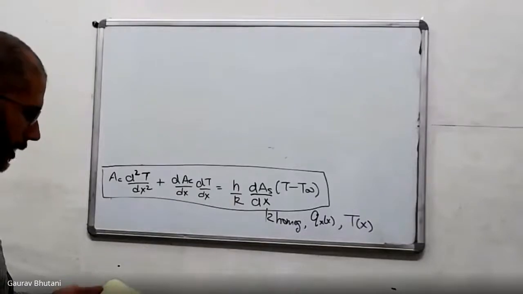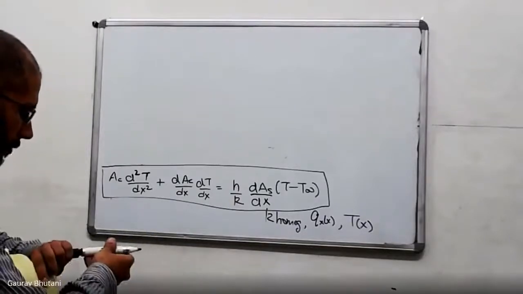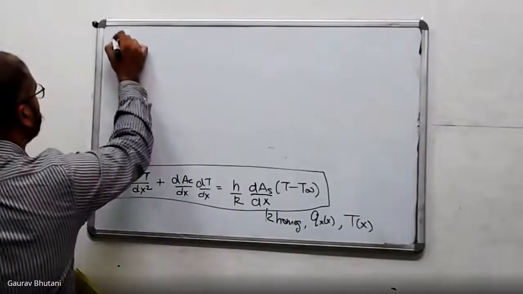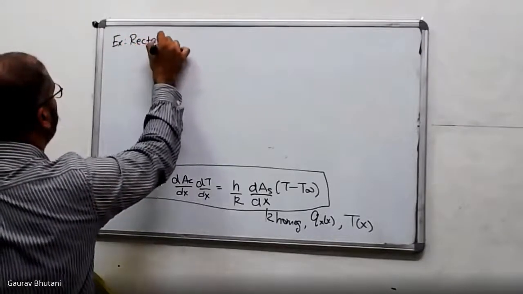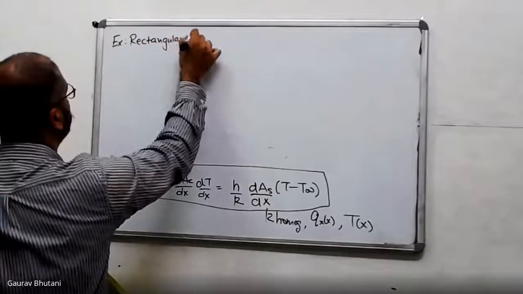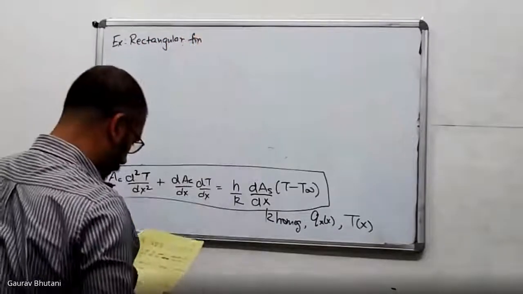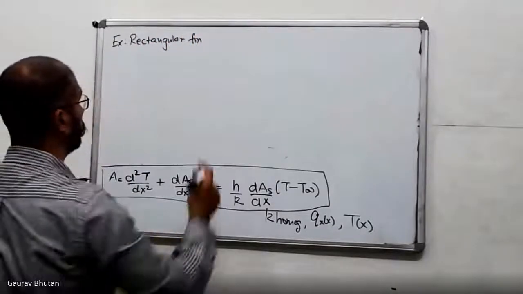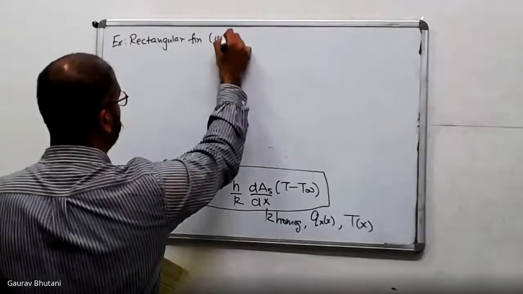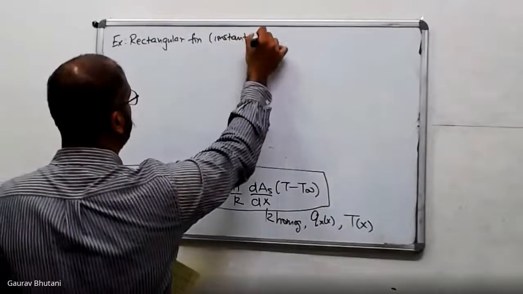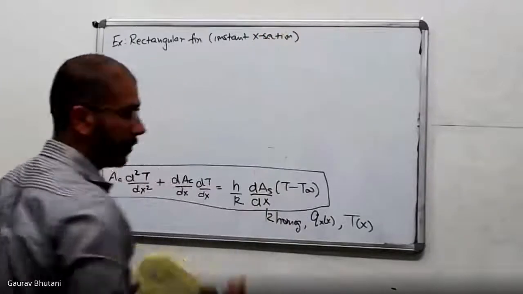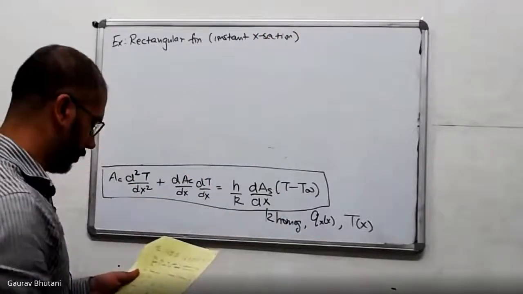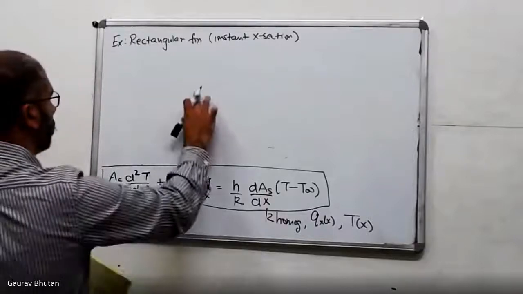So let's take an example of a rectangular fin, and this one has a constant cross section. It's one of the first fins I had drawn, the straight fins, something like that. In this case, our AC is constant.